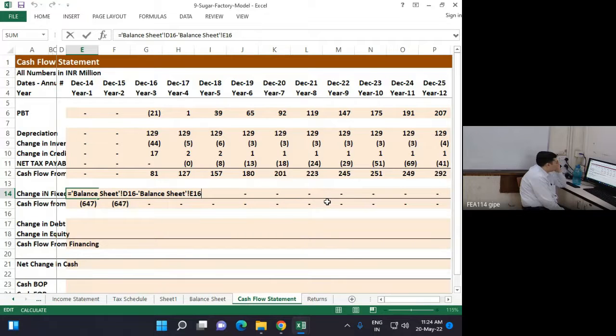So you will see asset addition happening only in the first 2 years. And financing activities same as above.